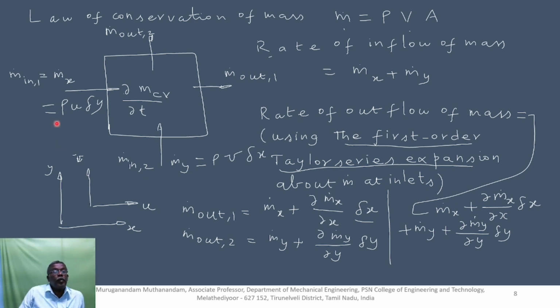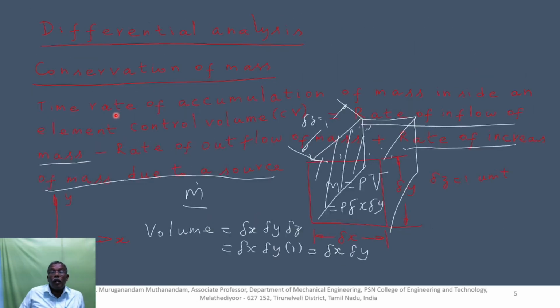How do you represent it? Using the density of the fluid, the velocity of the fluid, and the size of the control volume. We know for the x direction, the area is delta y multiplied by 1. The flow is across the surface, which has an area delta y multiplied by 1.